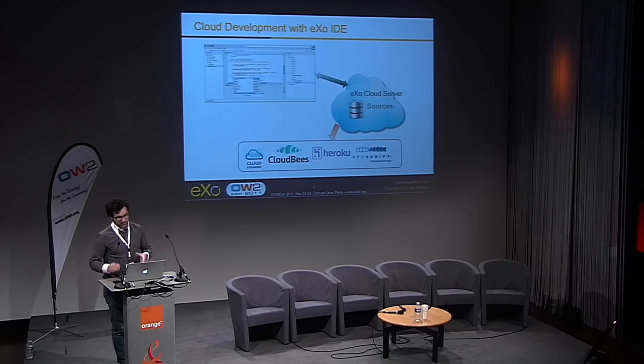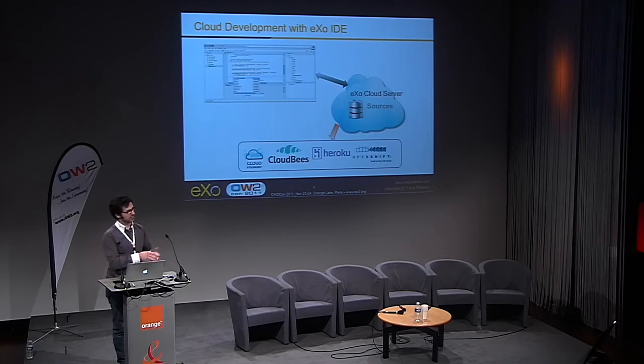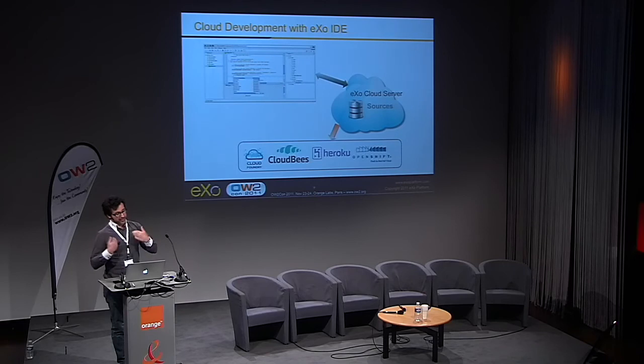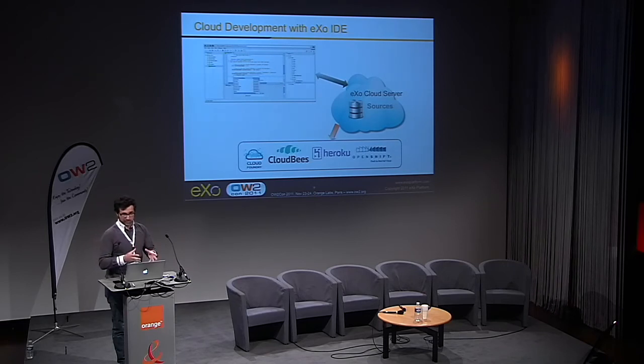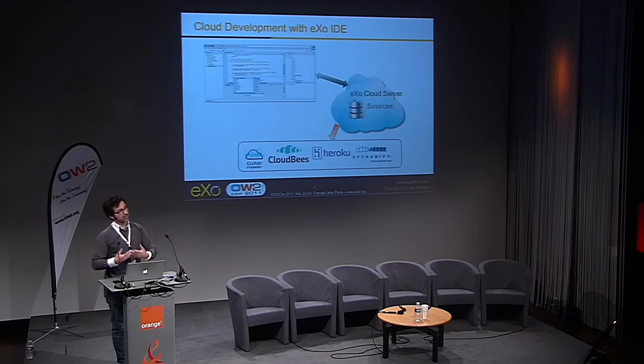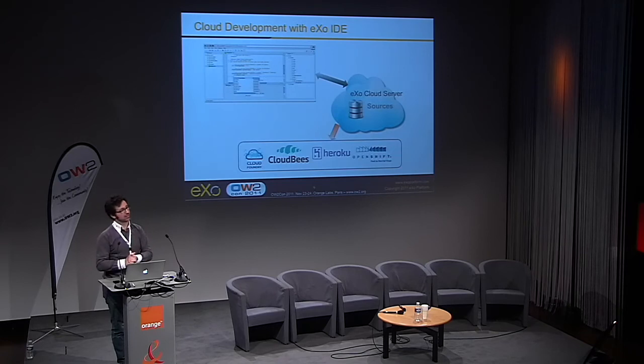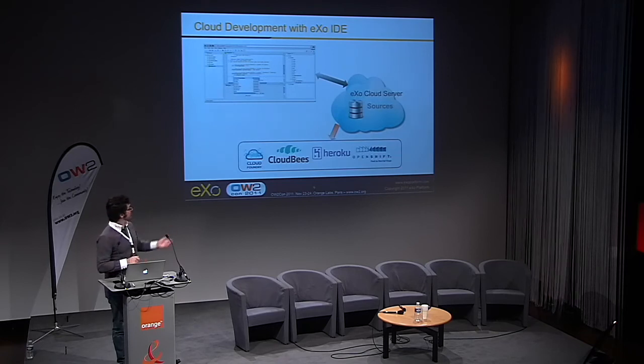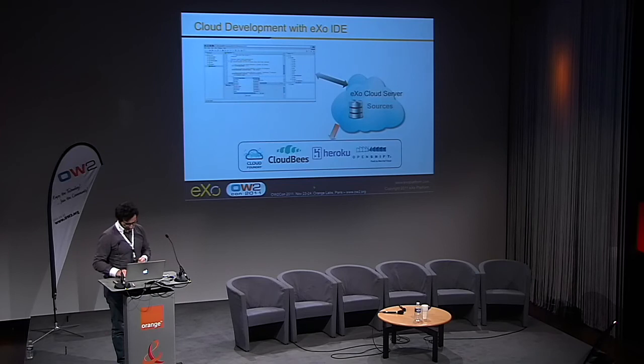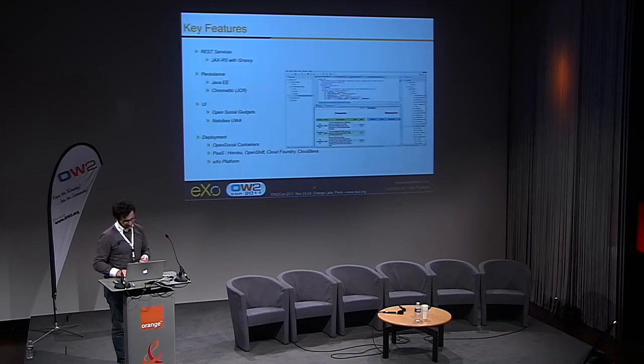For each, for example on OpenShift, you can build a Java EE application. In this case, we use CloudBees to package and deploy the application. You can build Ruby on Rails and PHP applications from the IDE and push them to the cloud on Heroku, for example, or Cloud Foundry as another example.